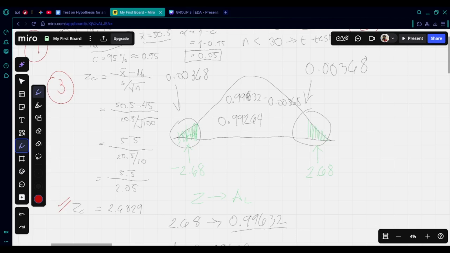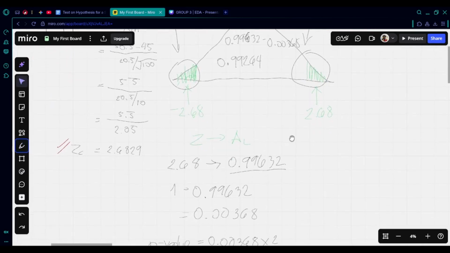This is included in this unshaded region. After we locate the cumulative area, we will now be subtracting it from 1, this area, to get the value of the shaded region.